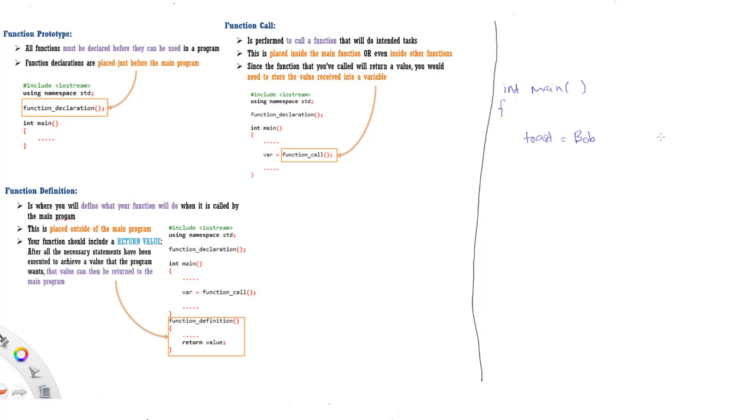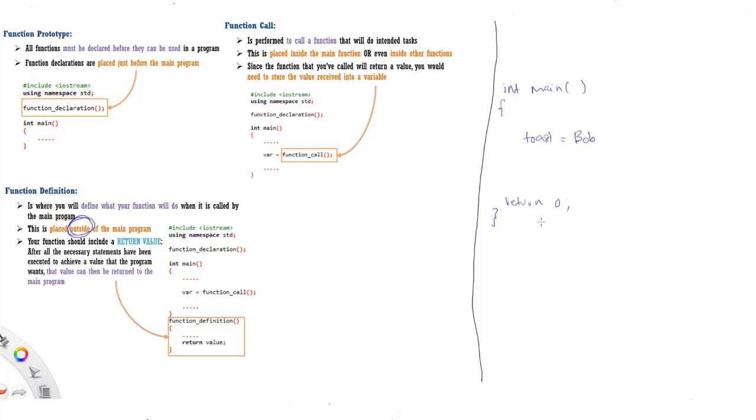Now, since I don't know what Bob needs, I need to take a look at the function definition. Let's say at the bottom here, function definition will define what your function will do, and it must be placed outside of the main program. So let's say this is the main program and you close this up. At the end of this, you will have return 0.